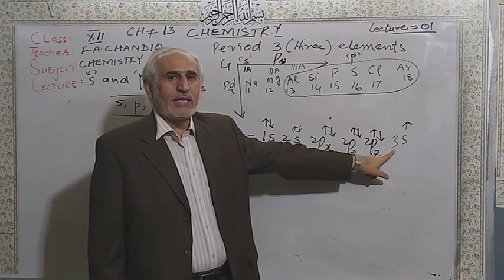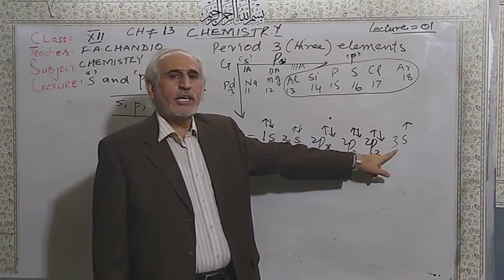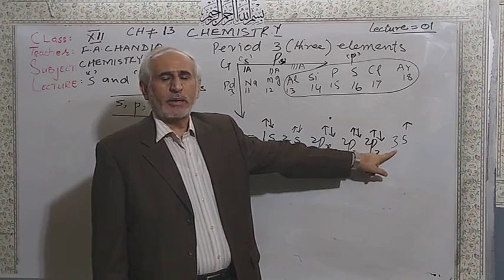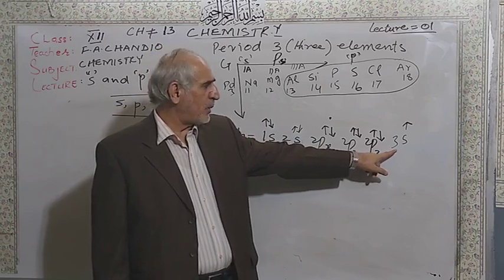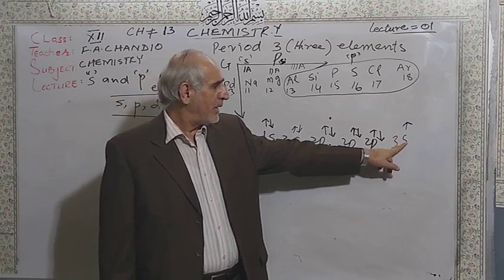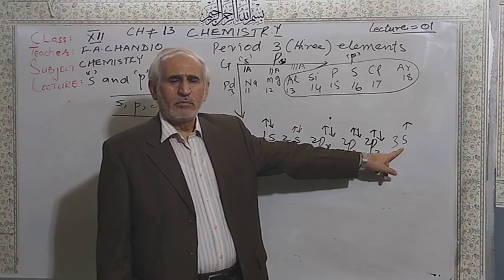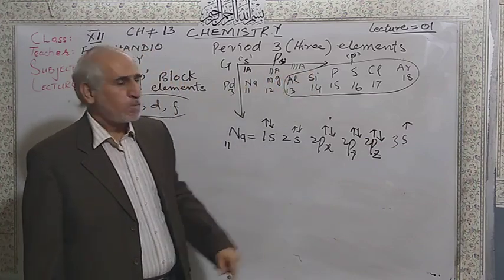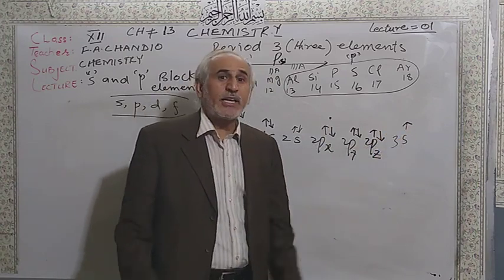This 3 indicates the period. It's the principal quantum number, n, the value of n. You did this in grade 11. This s is the azimuthal quantum number, l. So this 3 indicates period number 3. This s indicates the block and this 1 electron indicates the group.